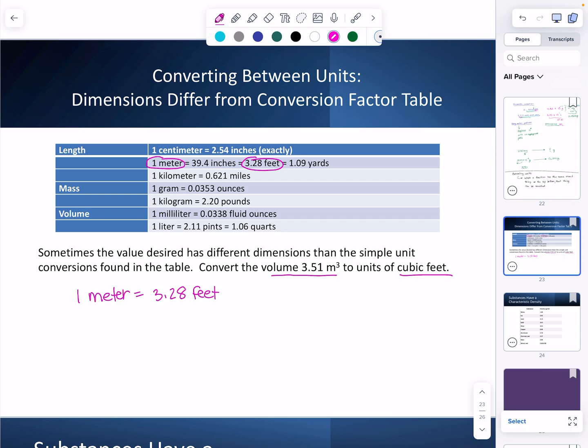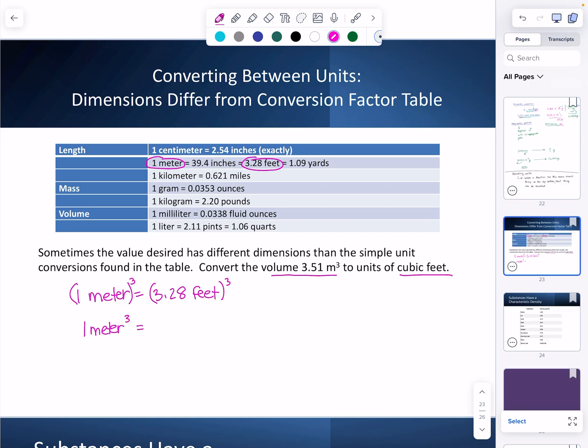In math, if I do something to one side of an equation and the other side of the equation, and I do the same thing, it's okay. If I multiply both sides by 5, it's fine. I haven't really changed the relationship. So what I'm going to do is cube both sides of this. If I multiply this by itself 3 times, what do I get? This is the number 1, so it's going to wind up being 1 meter cubed.